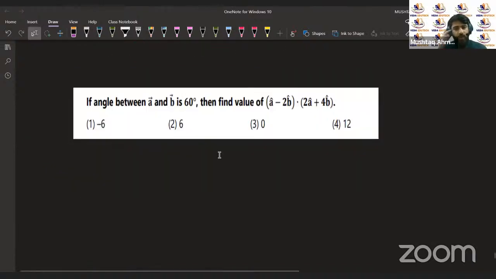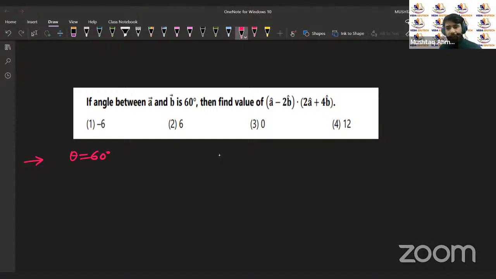If the angle between A vector and B vector is 60 degrees, we have been given that theta between the two vectors A and B is 60 degrees. Then find the value of A cap minus 2B cap dot 2A cap plus 4B cap, right?